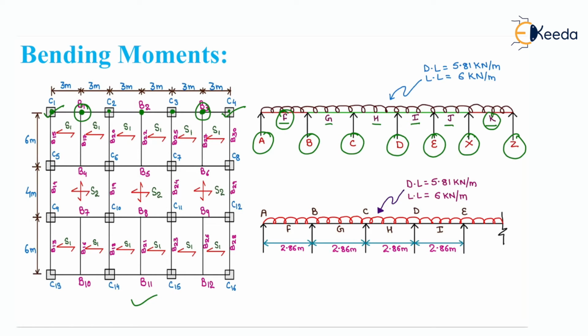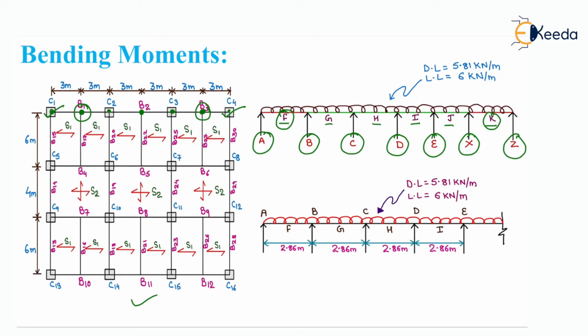Now the reinforcement at the exterior span will be the same due to symmetry of the structure, as well as their bending moment coefficients, and the reinforcement in the interior span will be the same because their bending moment coefficients are also the same.